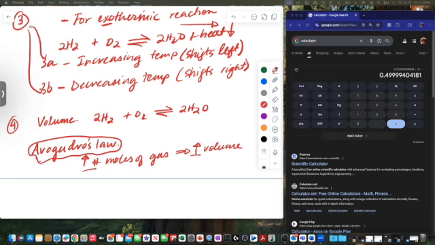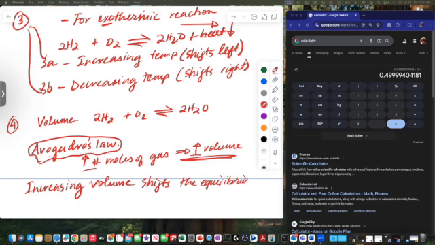When it comes to the equilibrium reaction, if you somehow increase the volume, so increasing volume, this scenario here, shifts the equilibrium reaction towards the side with more moles of gas.